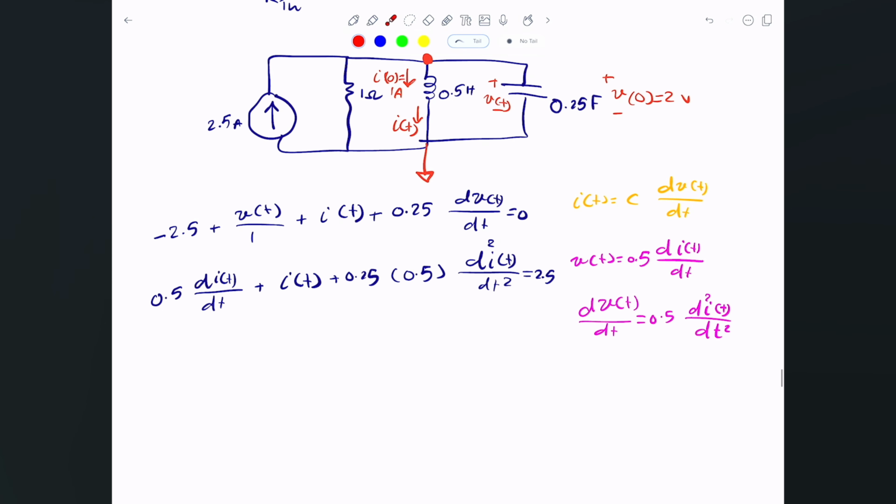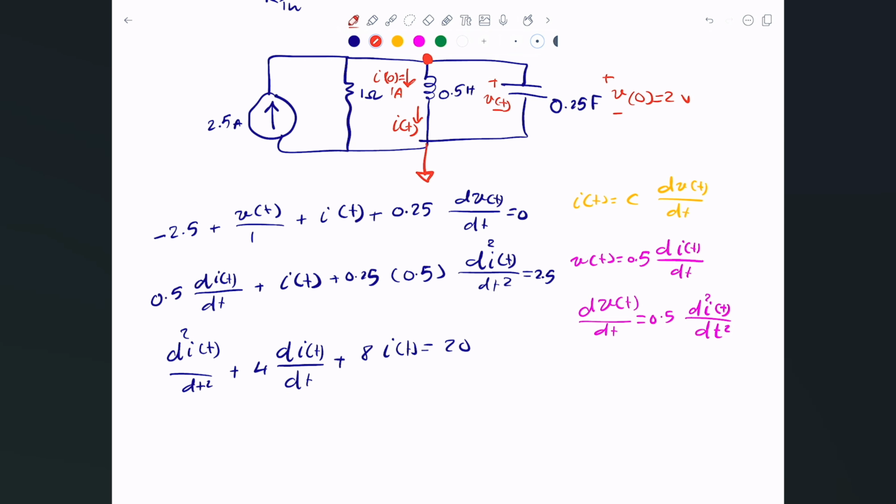All right, so we clean it up with a little bit of algebra, and I want to make sure that the coefficient for the second derivative of I is 1, and what I will end up with is the following: d squared I of t divided by dt squared plus 4 dI of t divided by dt plus 8 I of t equals 20, and that is the differential equation that describes this particular parallel RLC circuit.